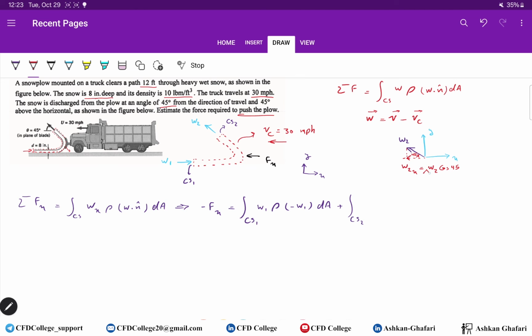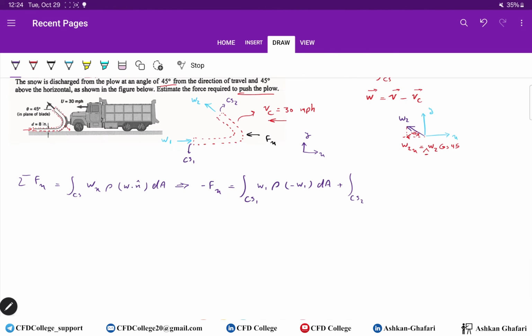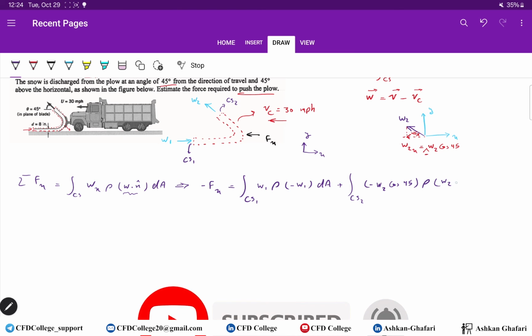Remember, you need a negative sign here because it's in the opposite direction. So minus W2 cosine of 45, and rho, we have outlet, so W2 dot n is equal to W2 dA.